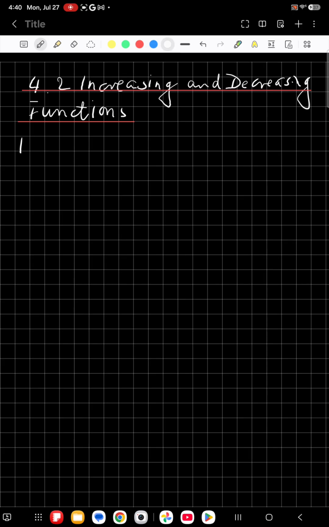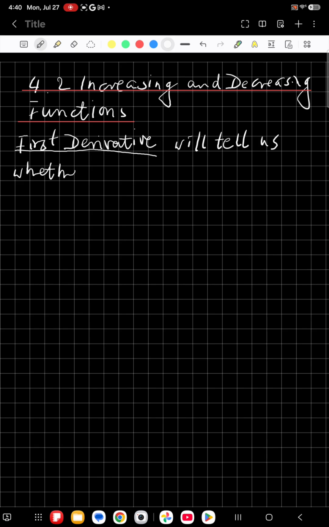So first derivative will tell us whether the function is increasing or decreasing.